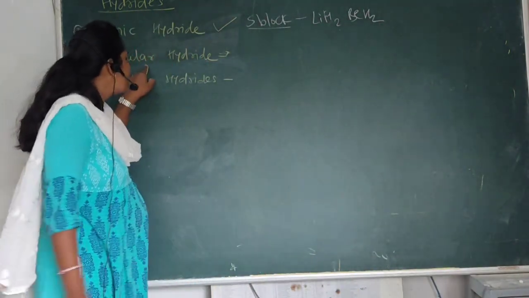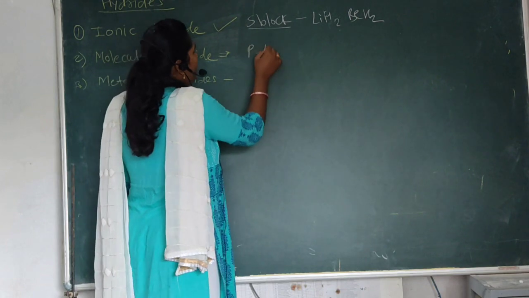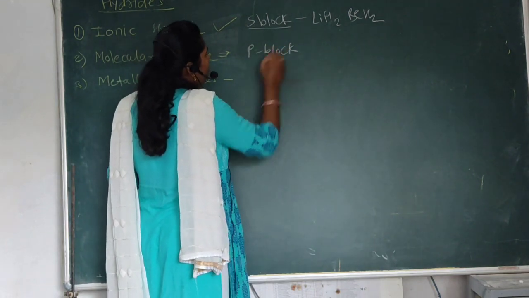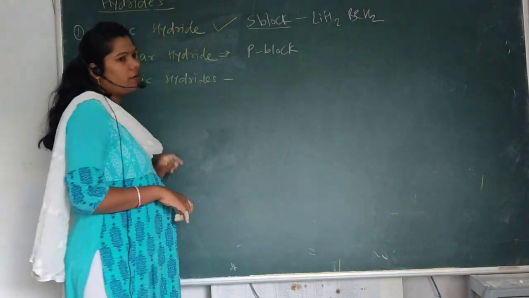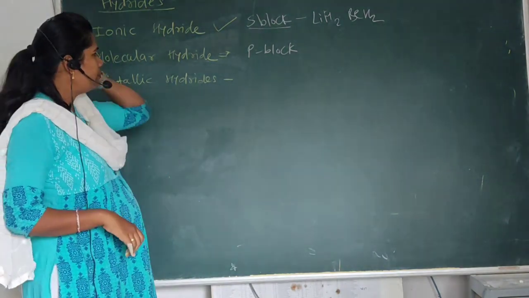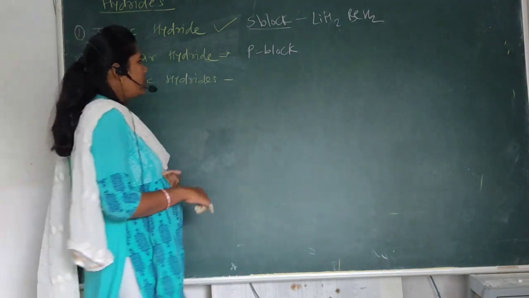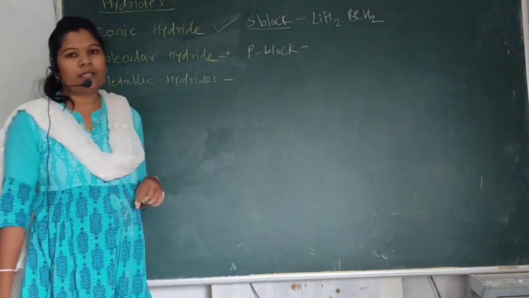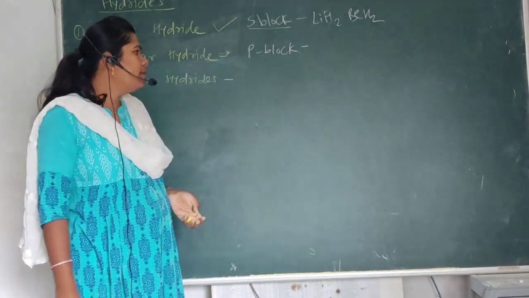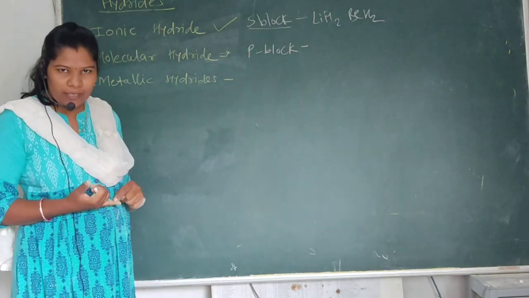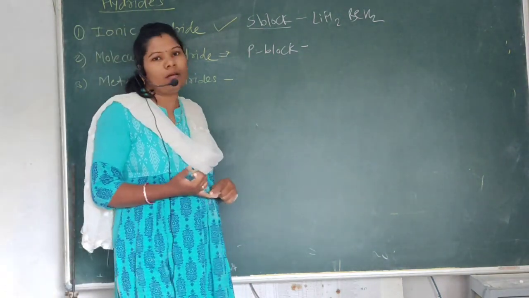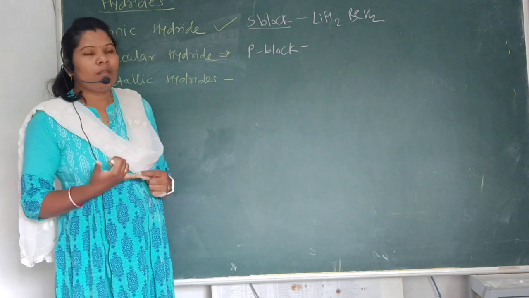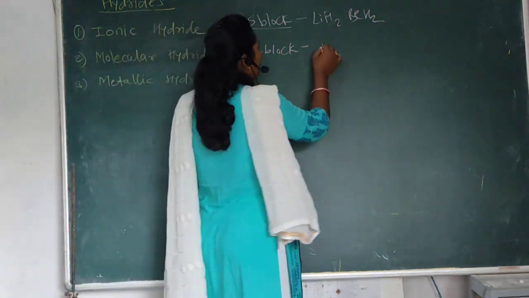Next, the molecular hydride. This molecular hydride is formed whenever hydrogen is reacted with the p block. At that time, the hydrides formed are called molecular hydrides. In their structure, according to the number of electrons participating, they are divided into three types.